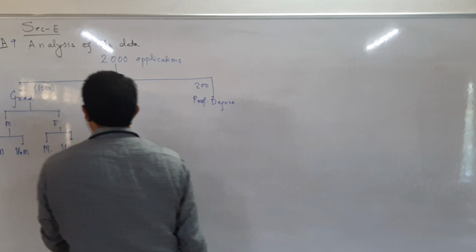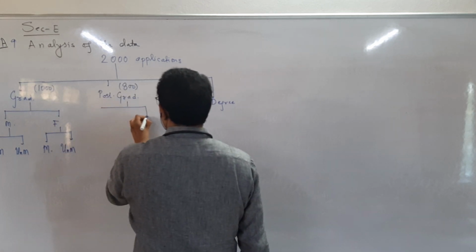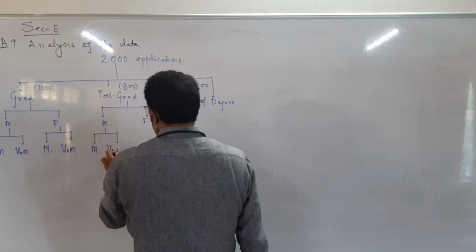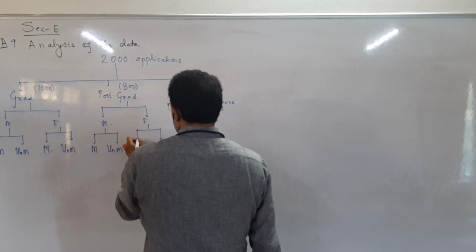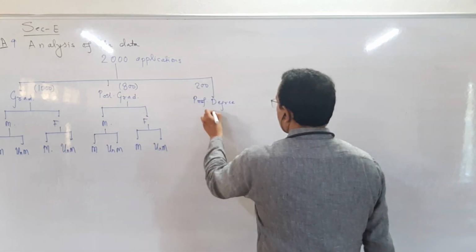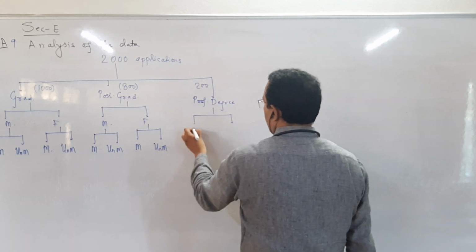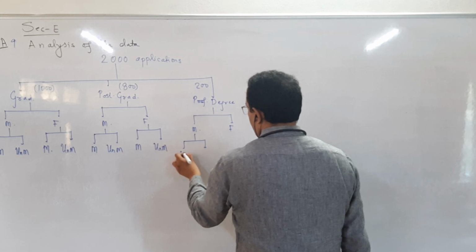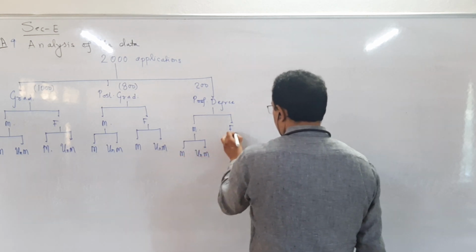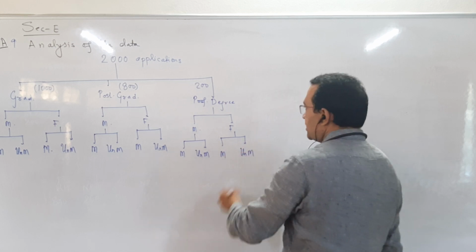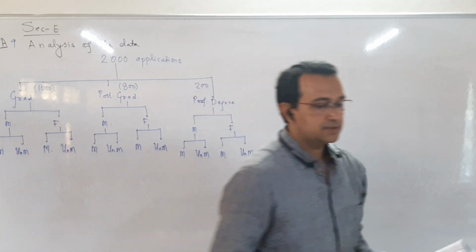Married, unmarried, this is divided into two, male, female, again married, unmarried. I have prepared the layout.